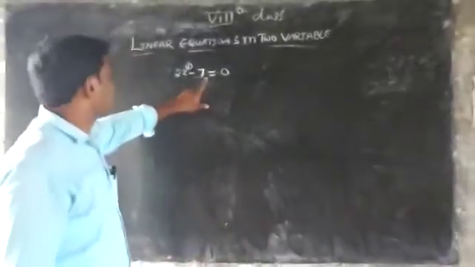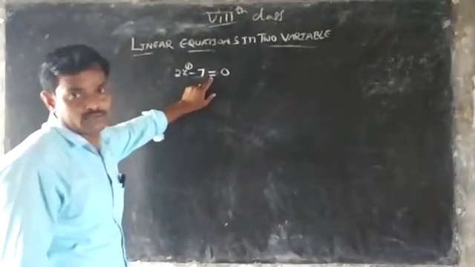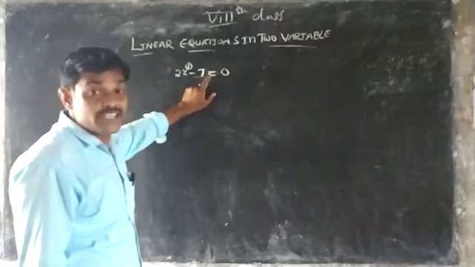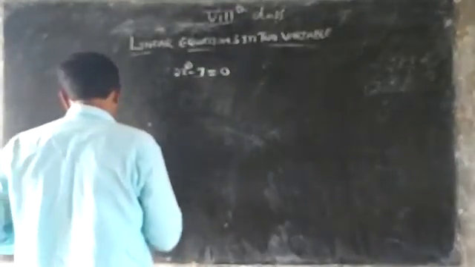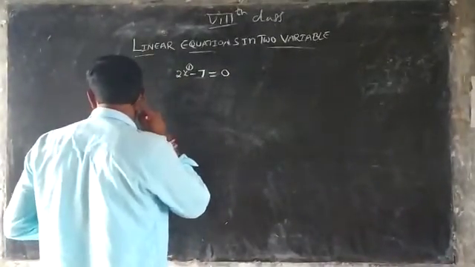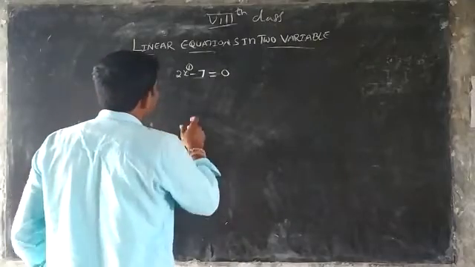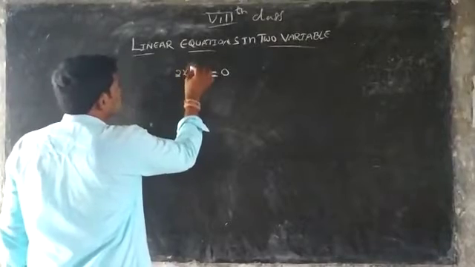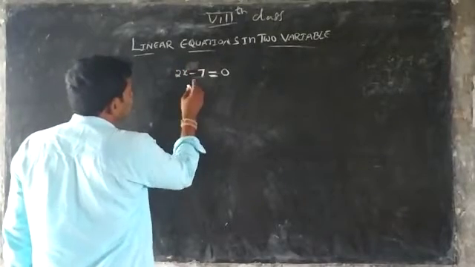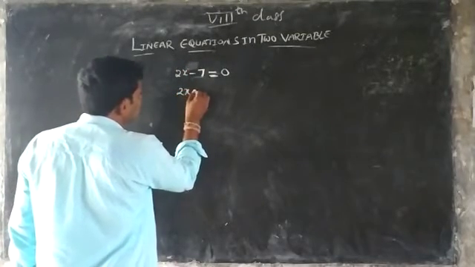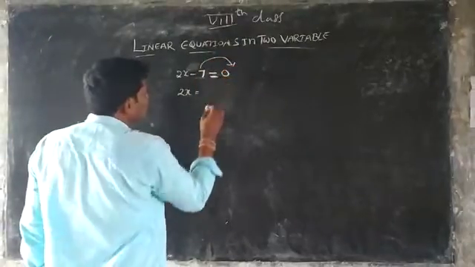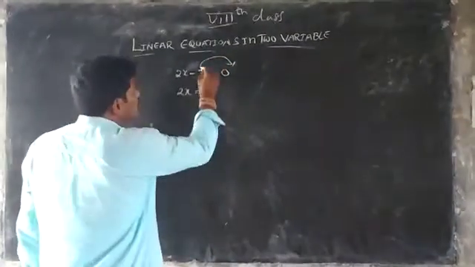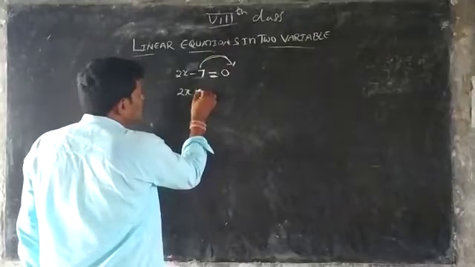This is an equality. The expression on the left of the equality sign. So we can also write 2x is equal to 7. Minus 7 transposes to plus 7.